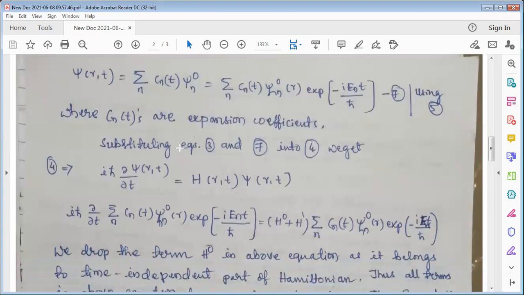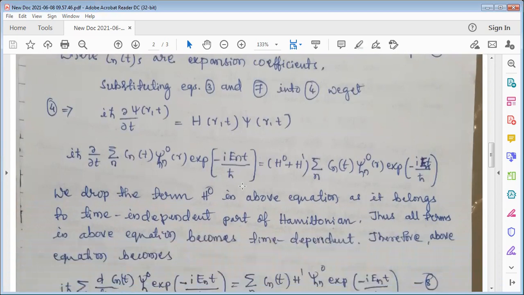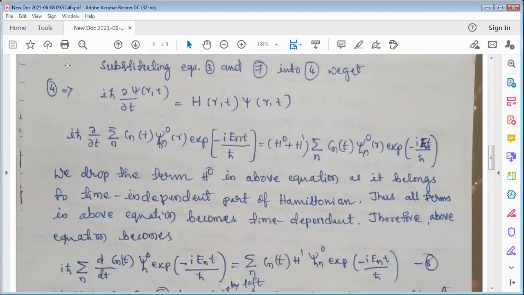And now we have to substitute equations 3 and 7 into equation 4. In this equation 4, I am substituting equations 3 and 7. Equation 3 is for the Hamiltonian, that is H is equal to H naught plus h dash.